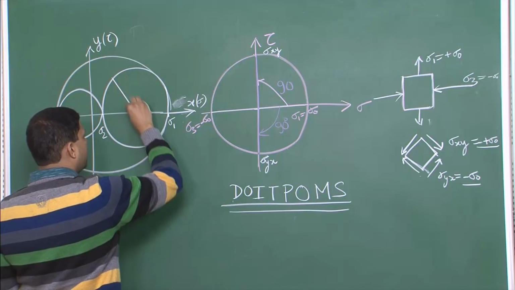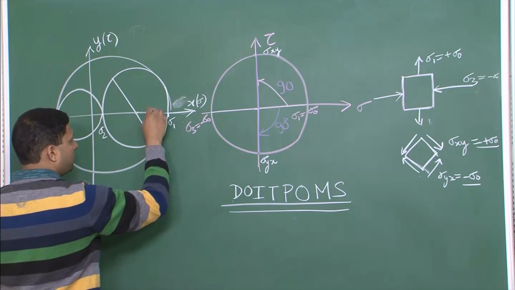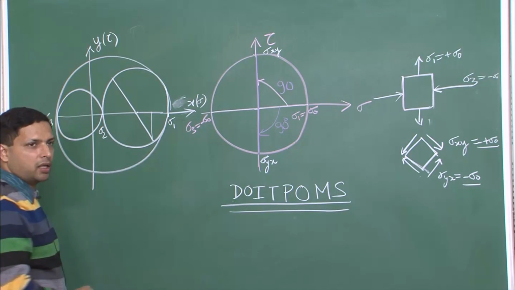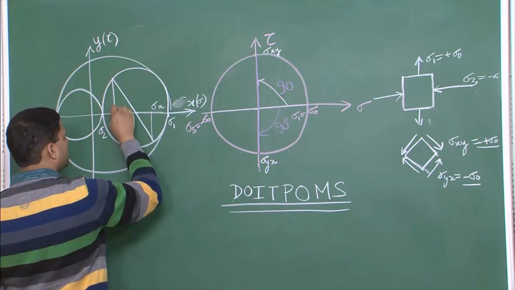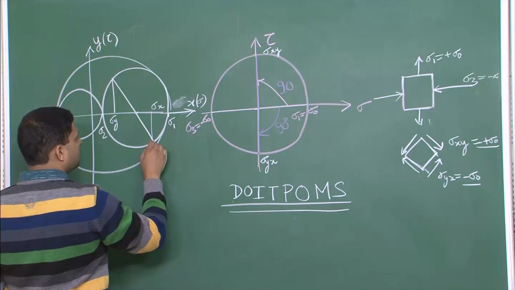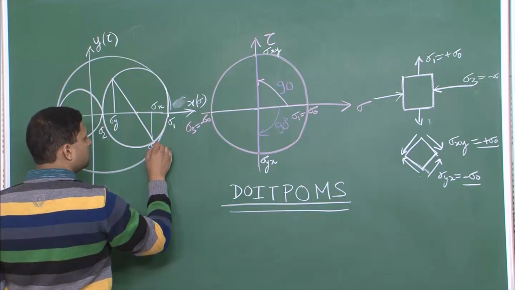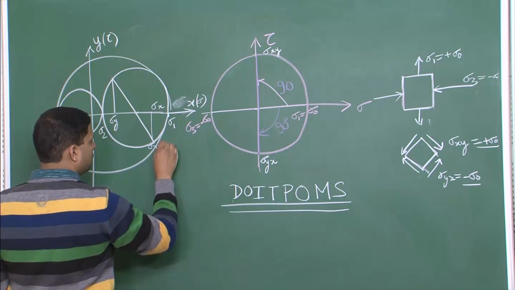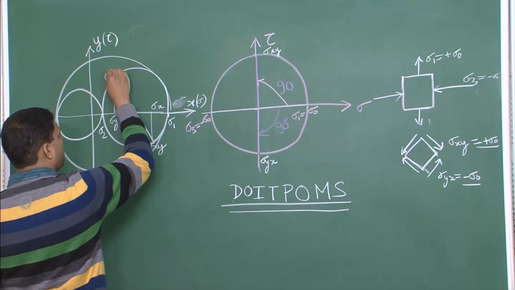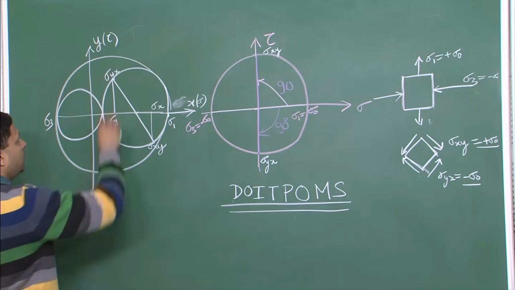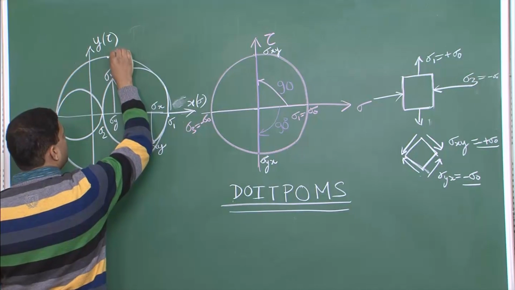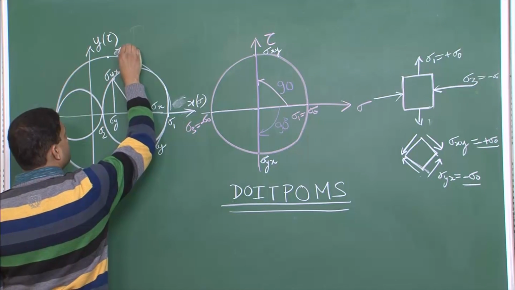If you look at this, you will be able to get for a particular orientation the value of sigma x, sigma y, sigma xy, sigma yx and so on, and this will represent the maximum shear stress that exists.